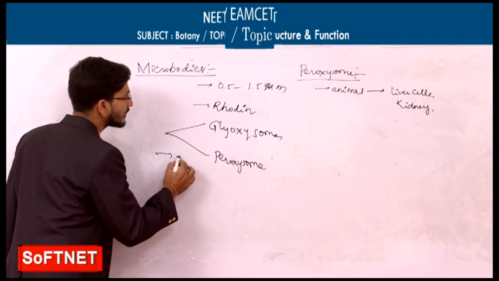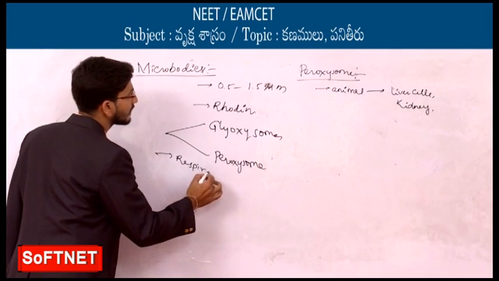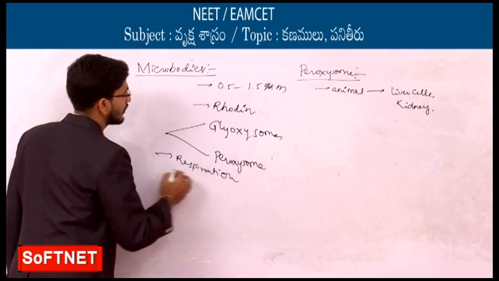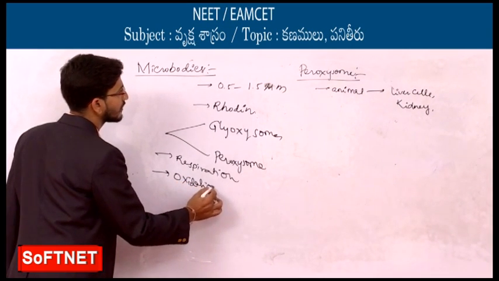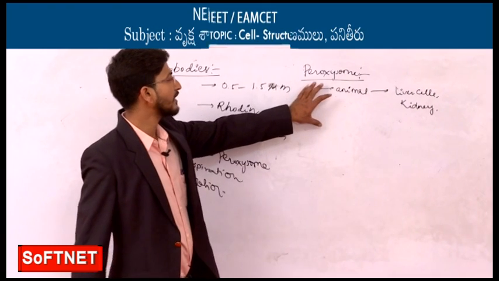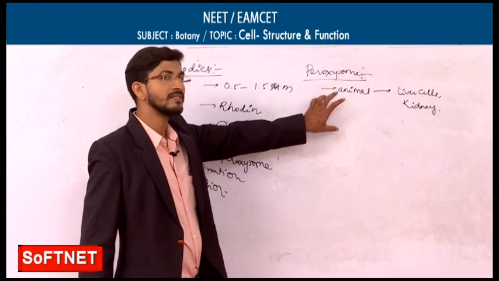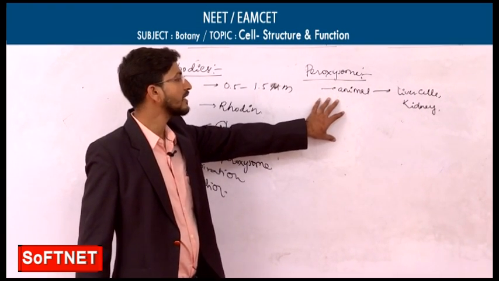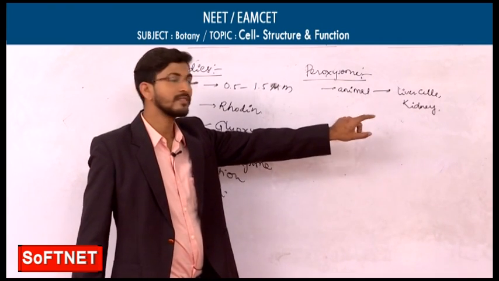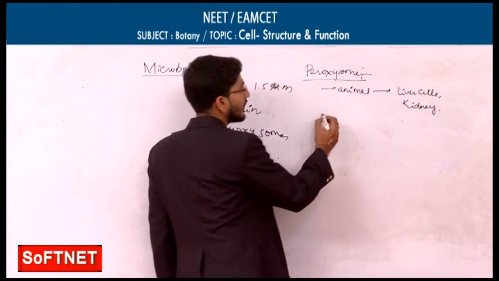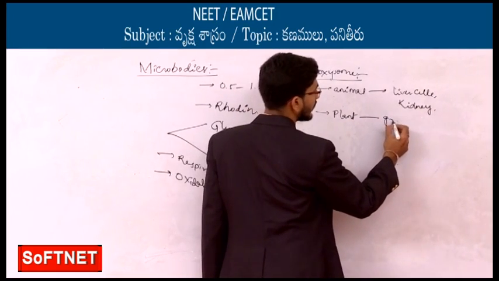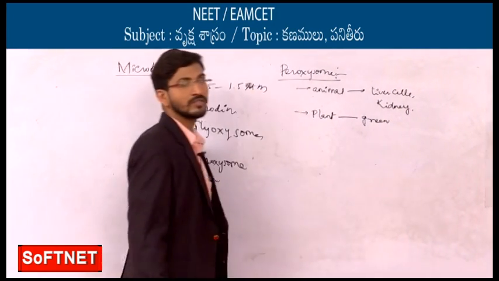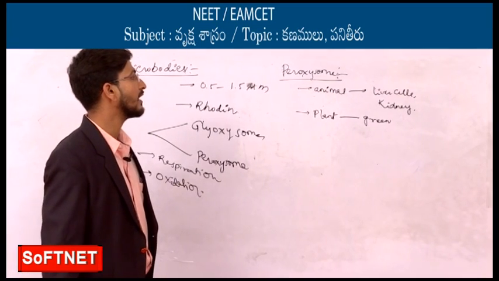They are involved in respiration as well as oxidation. Peroxisomes are present in animal cells and plant cells. In plant cells, they are present in green tissue, meaning photosynthetic green tissue contains the peroxisomes.